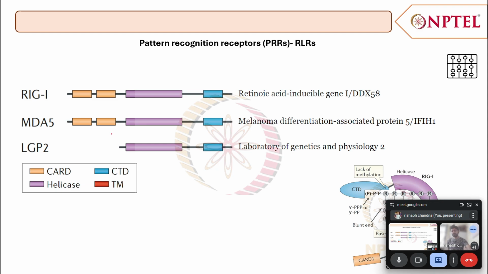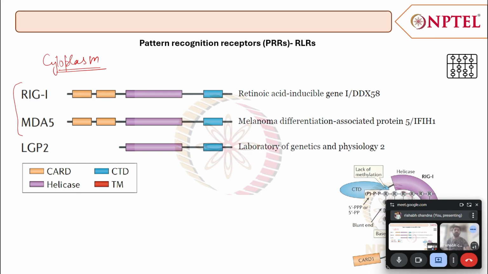These receptors consist of a family that contains RIG1 and MDA5. They are majorly present in the cytoplasm of the cell, and they recognize mainly the RNA of the RNA viruses that infect the cell.